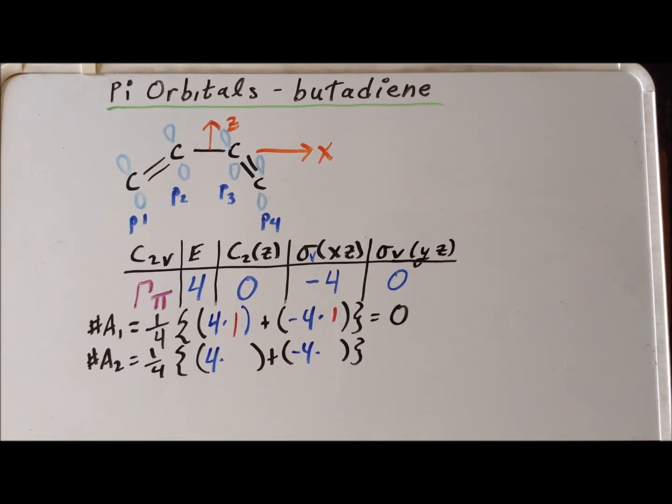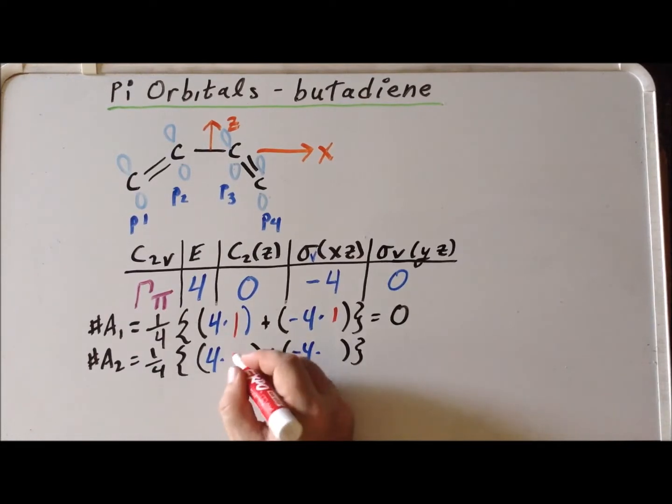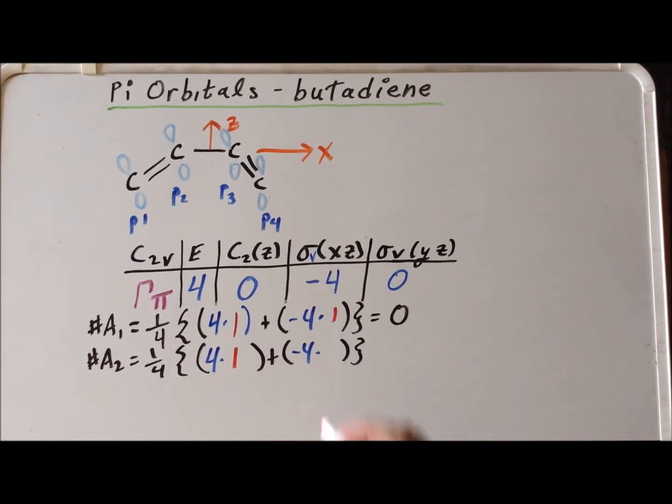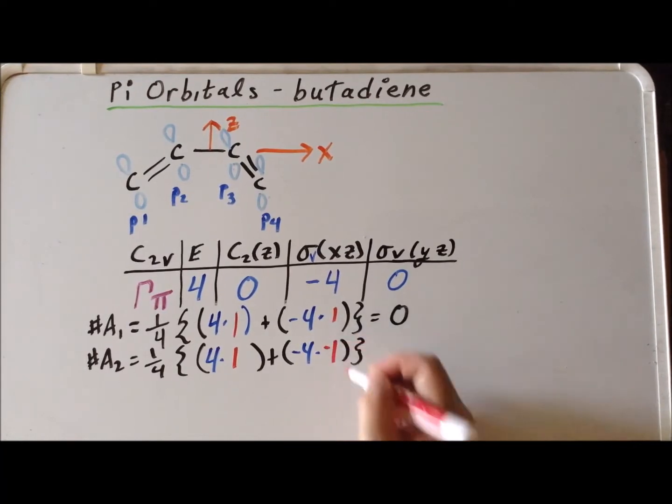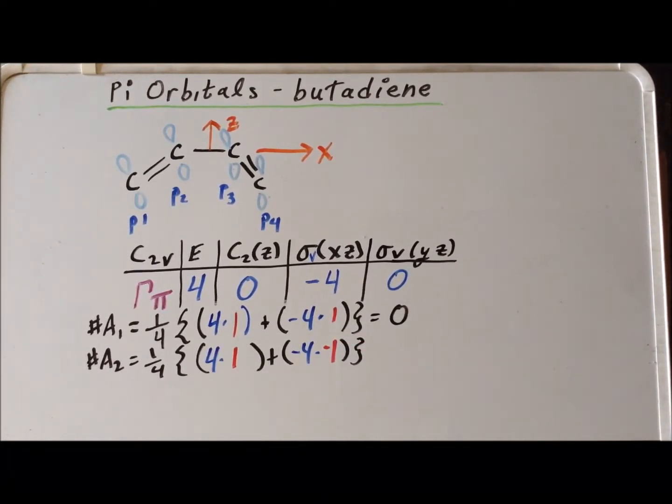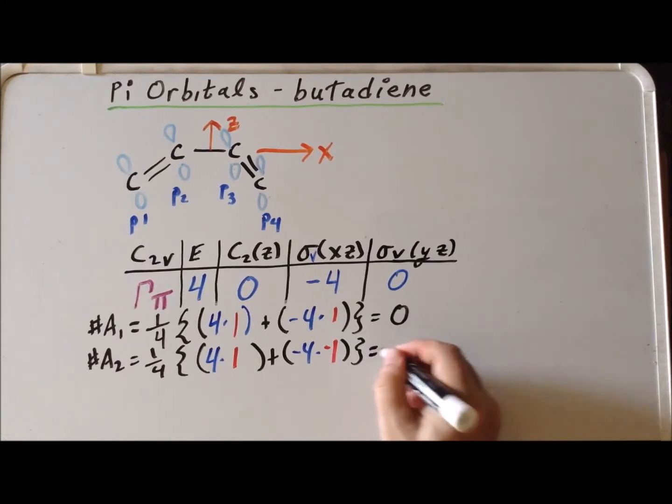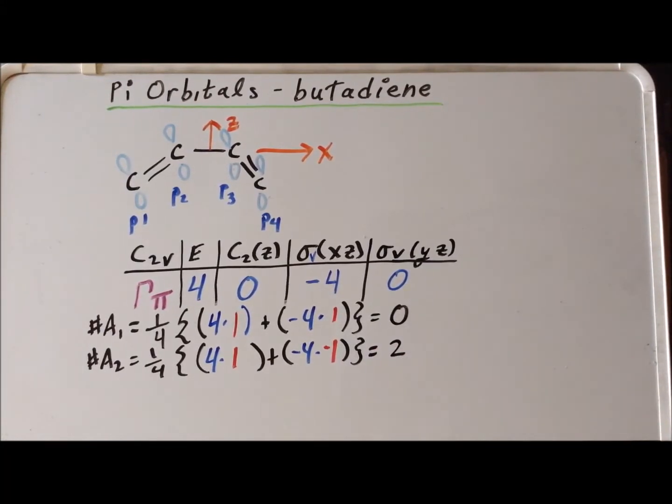And then we write down the characters from the character table for C2V, and these will change. So the first is a 1, and the second one is a minus 1. Now we have 4 plus 4 is 8, divided by 4, which gives us 2. This tells us that there are 2 copies of the A2 irreducible representation in the gamma sub pi reducible representation.